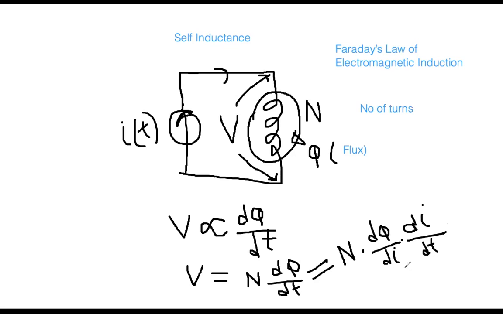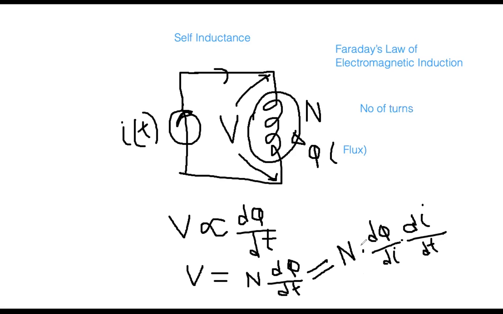Could you follow me, what I am doing? Are you understanding this line? This one is V equal to N d phi by dt, which is the rate of change of flux. But actually flux is changing because the current is changing. If current changes, then the flux will change.